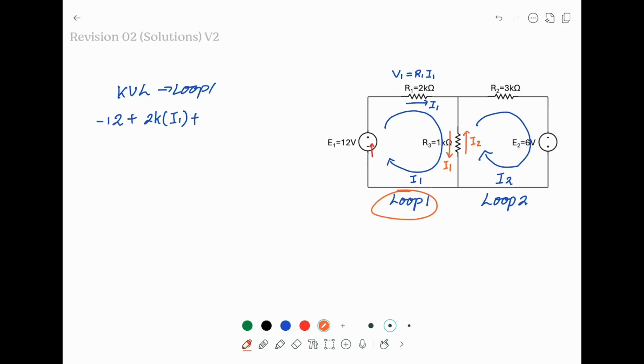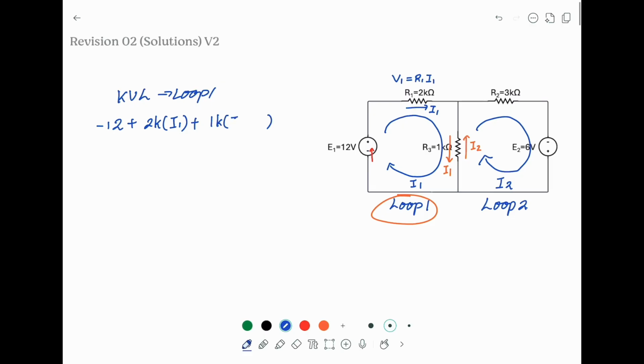So the voltage across R3 is equal to the resistance 1K ohm, and the current is I1 minus I2. So this is equal to 0. This is our equation 1.